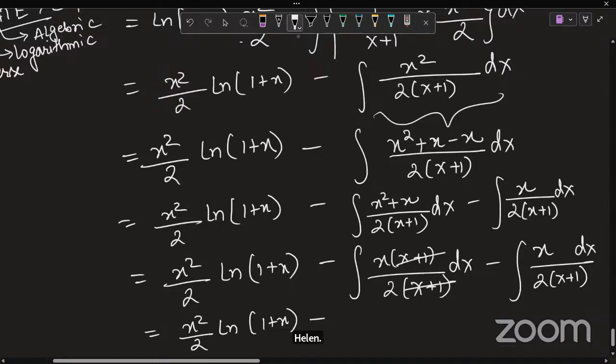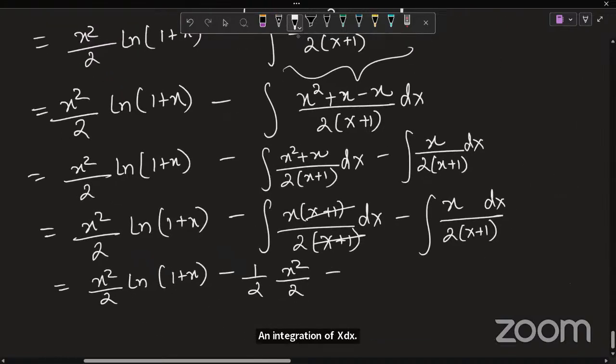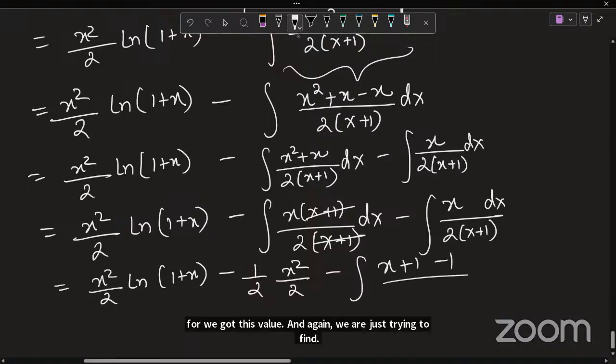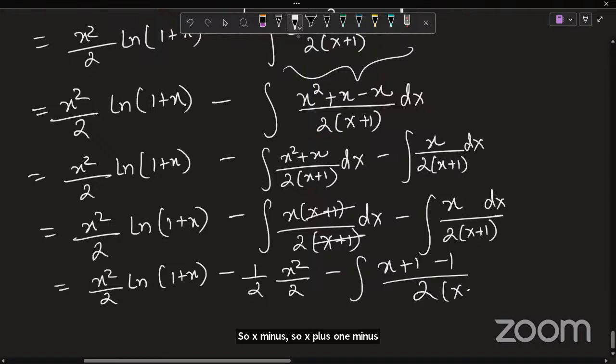What will be the integration of x square by 2? Half will come out, and the integration of x dx is x square by 2 minus the integration of this part. So suppose you say okay, let me write it this way. Okay, we got this value, and again we are just trying to find x minus x plus 1 minus 1 upon 2. I'm writing it this way so that I can get the value.